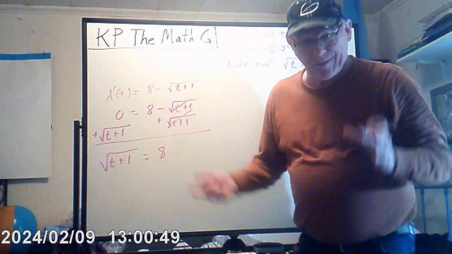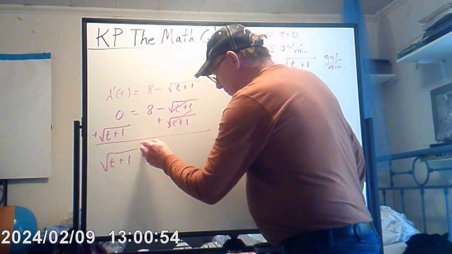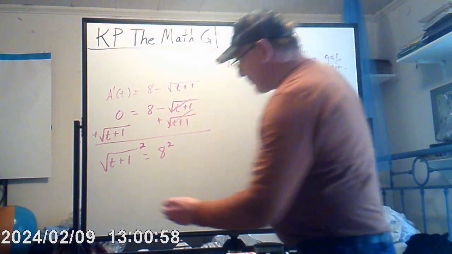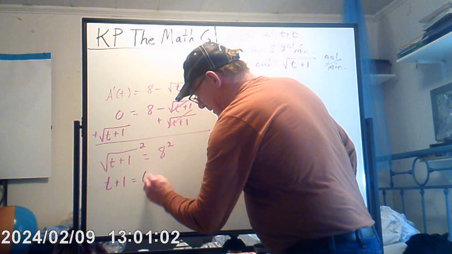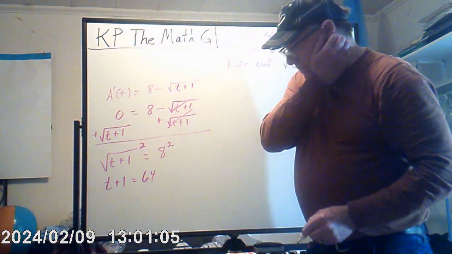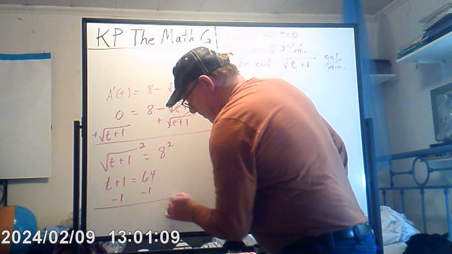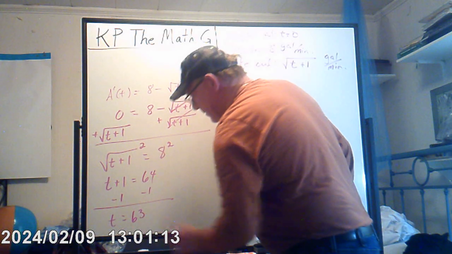And this is pretty simple to do now, isn't it? If we square both sides, that just leaves us with t plus 1 is equal to 64. If we subtract 1 from both sides, we get t is equal to 63.